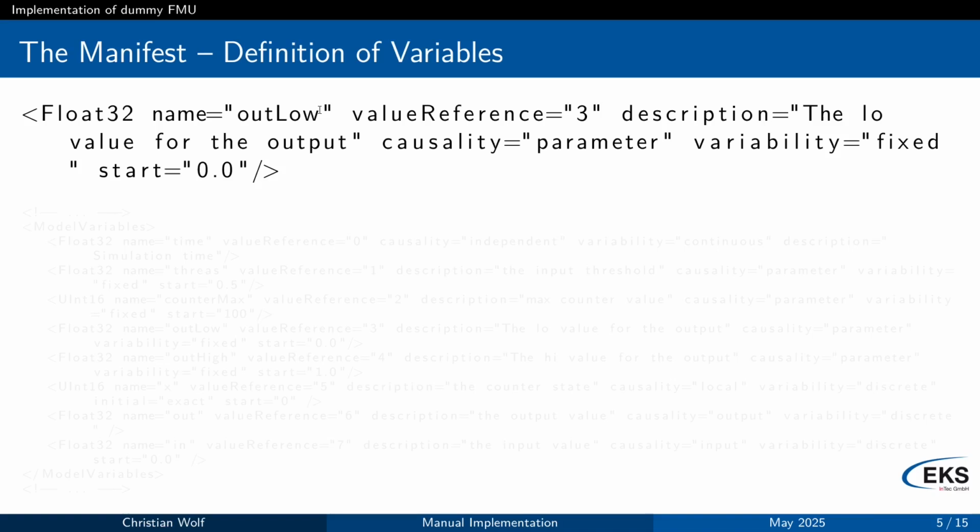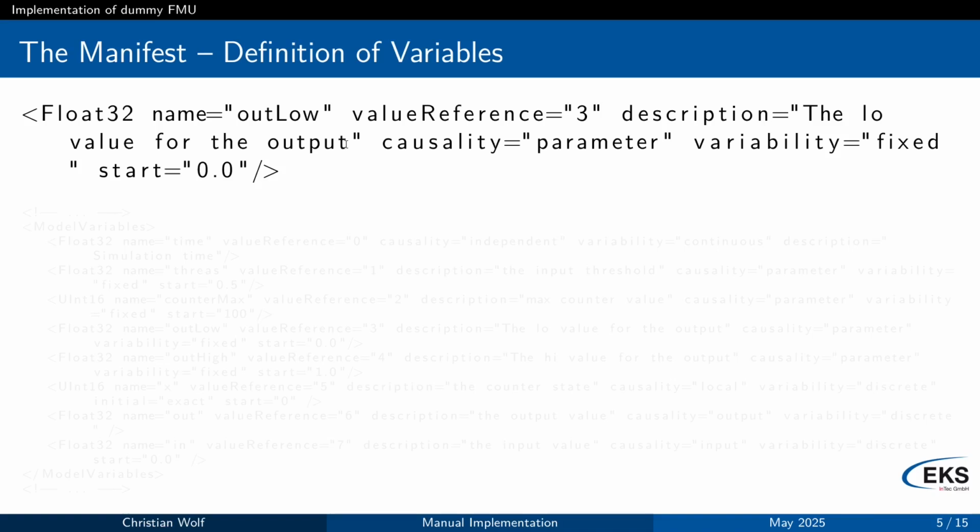This is just for the simulation environment to have some useful name. There is also this description, the low value of the output, which is also only for the human being. So it's not important for the implementation, but it's useful.